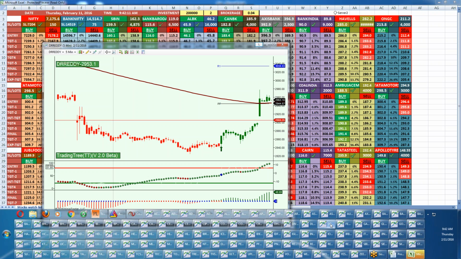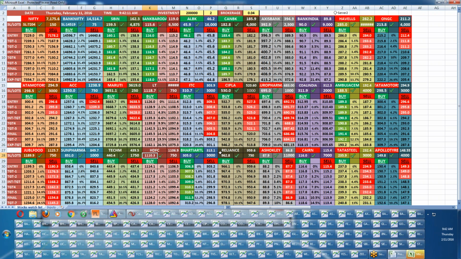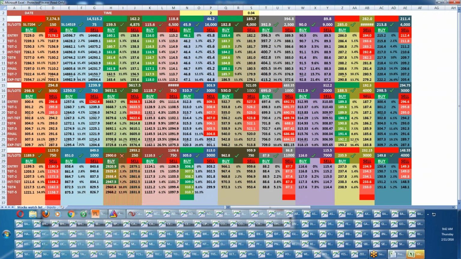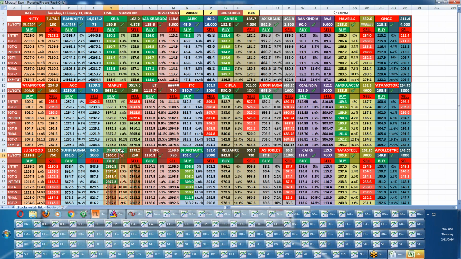Dr. Reddy is doing good, I guess. Let's change Tech Mahindra to Dr. Reddy. Okay, I'm not getting the data feed properly here. So this is what I was talking about, the red X line. PNB is doing good. We have a buy call.